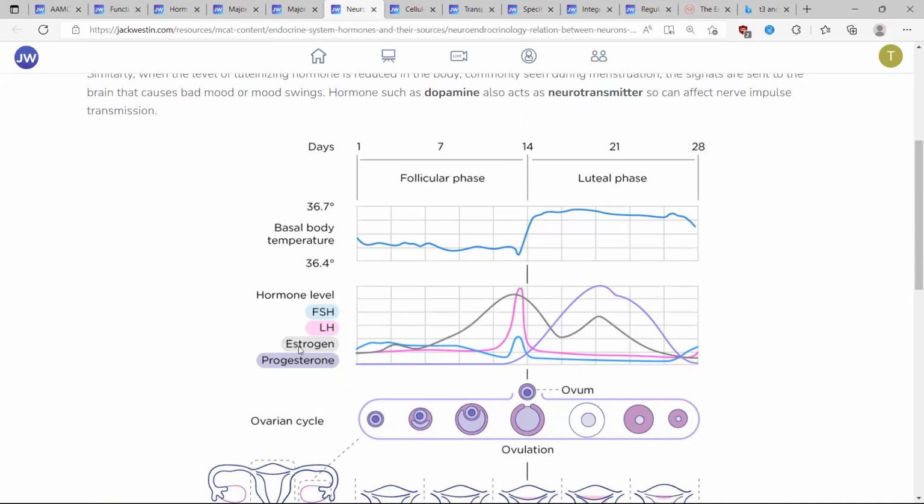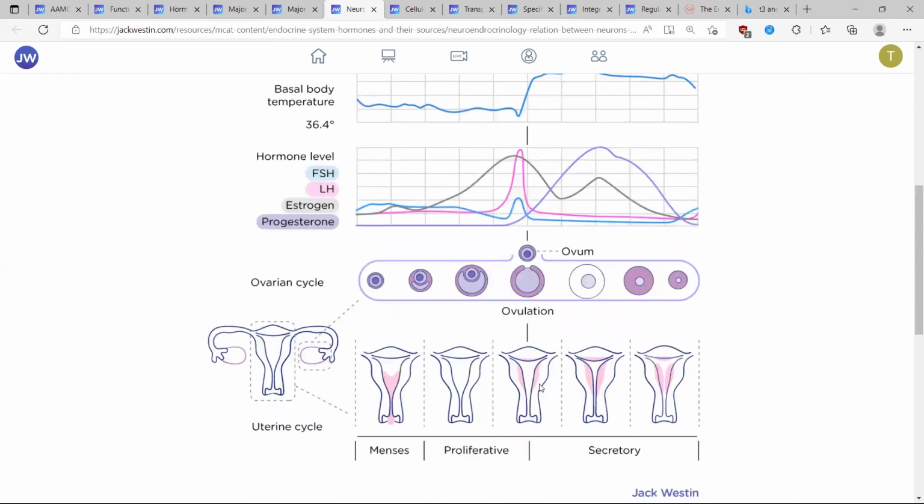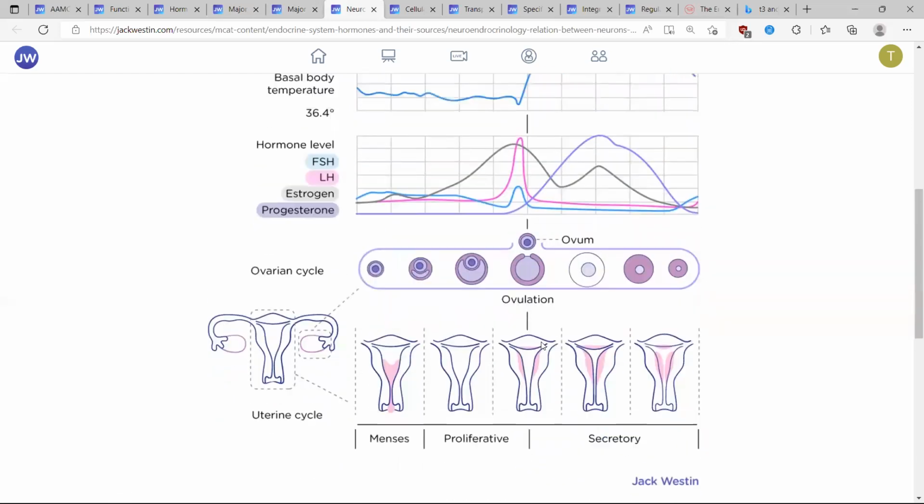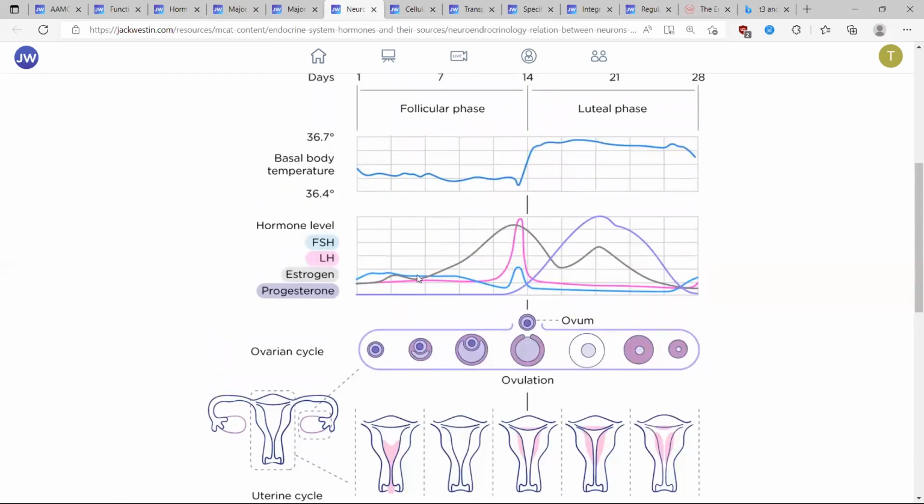The mnemonic for that is estrogen. So this is referring to the endometrium. You can see the endometrium here in the uterus, the lining, right? This lining is thickening so that an egg can be supported there, right? So the mnemonic is that estrogen establishes the endometrium, all E's.